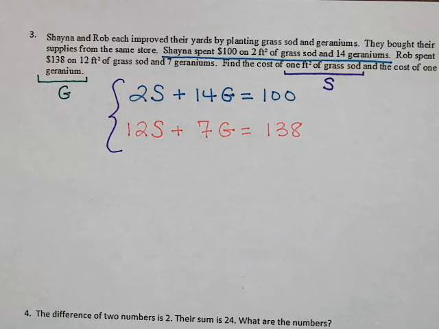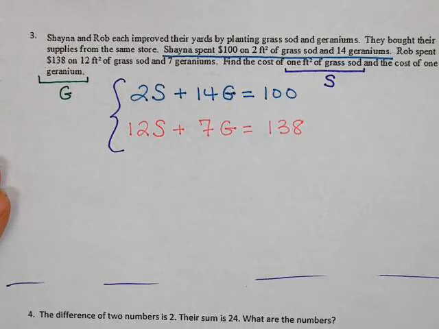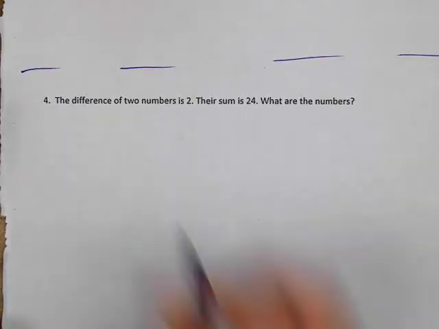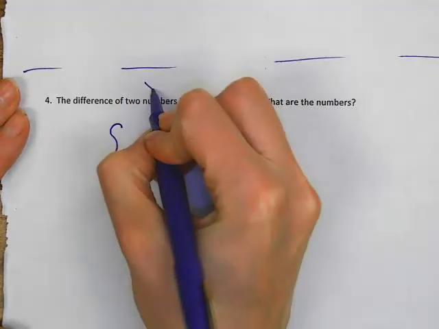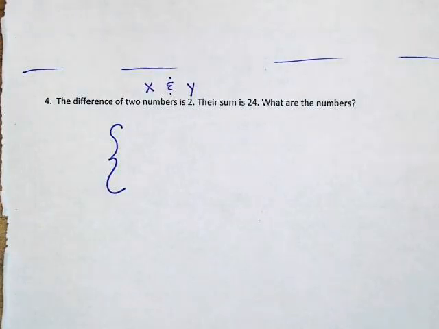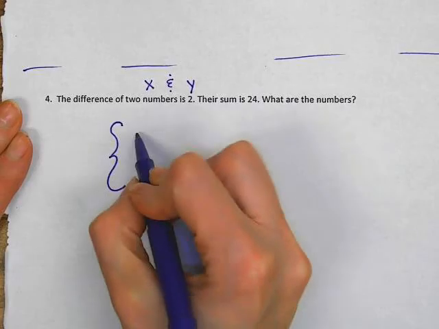Okay, I would definitely say you guys can stop, but while we're at it, if you want one more, let's run through number 4. Okay, so these are the easy ones. The difference of 2 numbers is 2. Do you guys want to call one of them X and one of them Y? Okay, so the first equation is going to be, how do we write difference? Isn't it subtract?